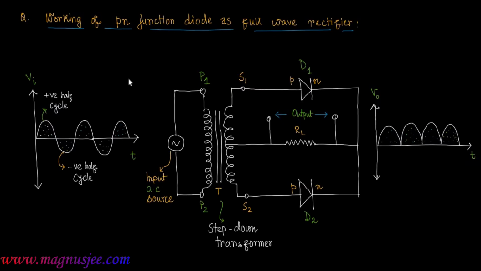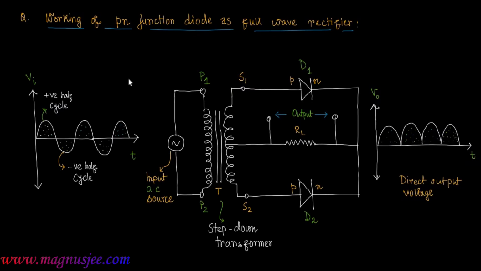This is known as direct output voltage, which is measured across the load resistance RL.